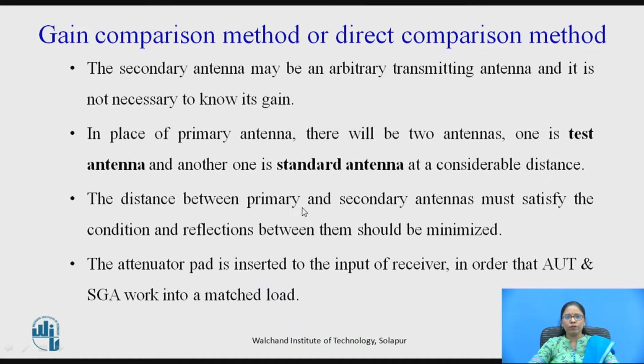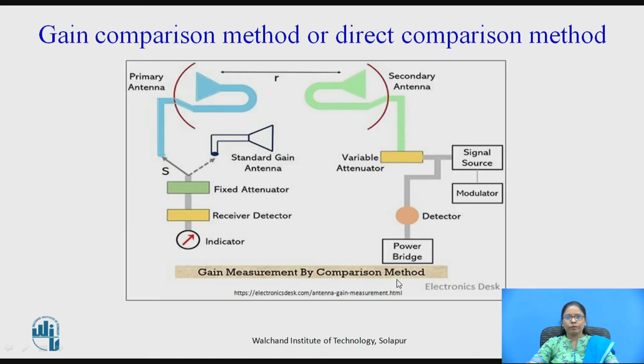That means there should be a far field region. The attenuator pad is inserted at the input of the receiver so that the antenna under test and the standard gain antenna work with a matched load, so that there is no loading effect. Impedance mismatch can be avoided by putting the attenuator pad at the input of the receiver.